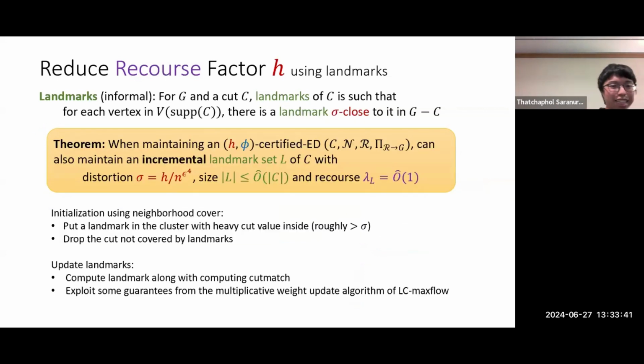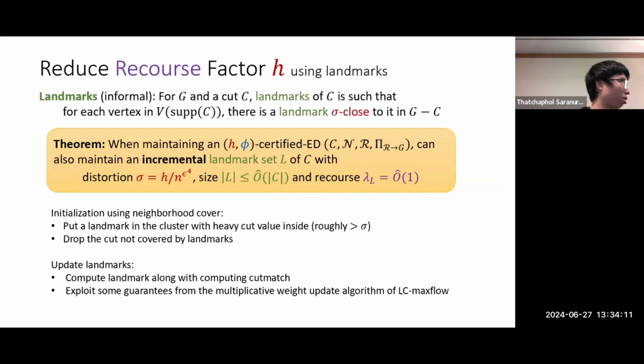And actually, when we're maintaining this certified AD, we can also maintain the incremental landmark set, as long as the distance between the landmarks and the endpoints of the cut is not too far, roughly h. The size of the landmark set will drop by a factor h compared to the number of endpoints of cut edges.